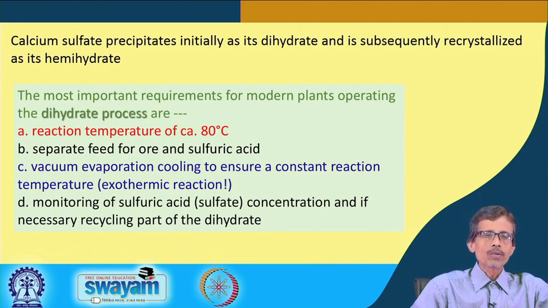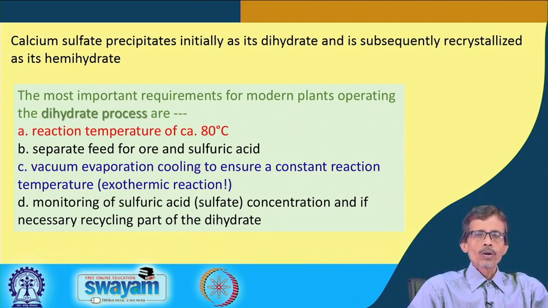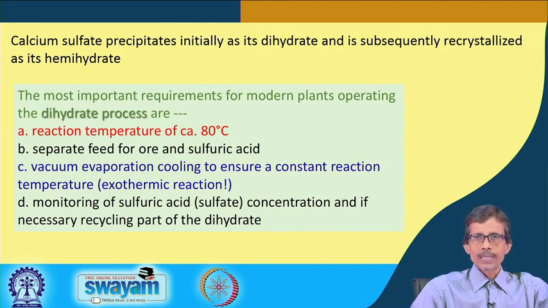And for this particular reaction, for running a modern plant, basically what we are seeing now is that you can have a typical plant where the industrial process can happen, and industrially we can produce this by operating the corresponding dihydrate process. So, calcium sulfate is formed initially as the dihydrate.